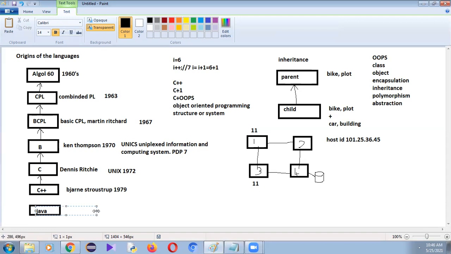Java was developed by a team called the Green Team, which consisted of many members. The most important members are James Gosling, Patrick Naughton, Ed Frank, and Mike Sheridan.